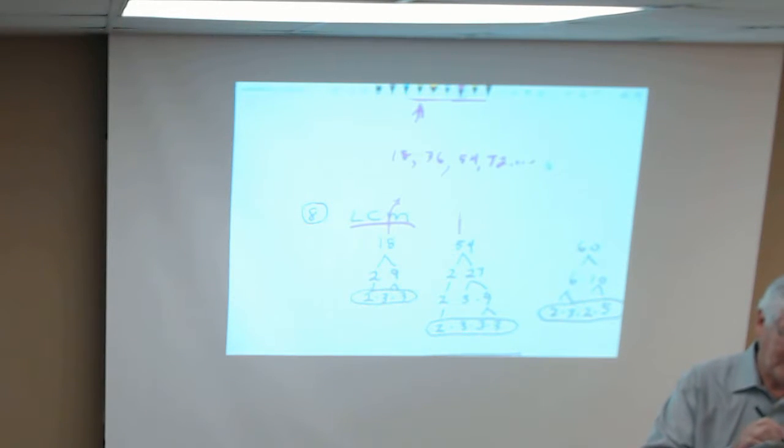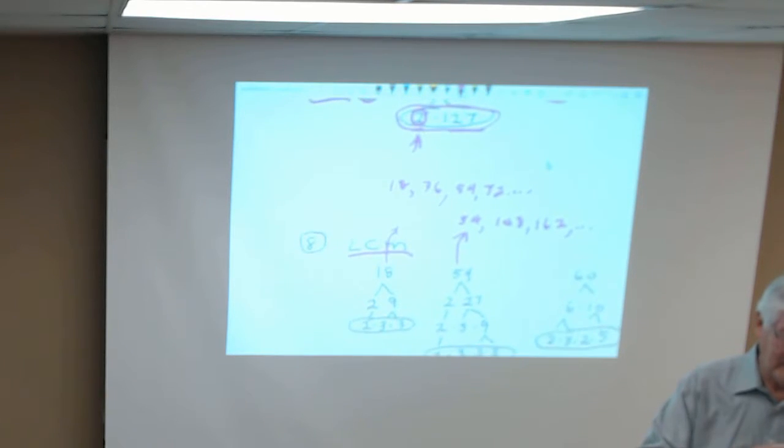And multiples of 54 would be 54, and then 2 times 54 is 108, 3 times 54 is 162, dot, dot, dot. Then I come down here and look at 60.